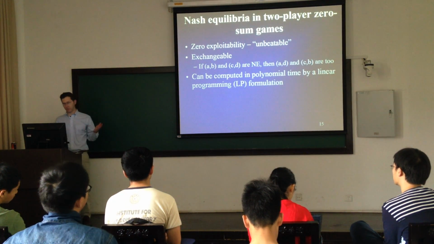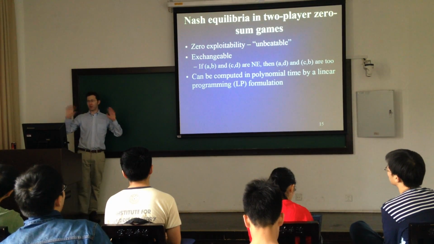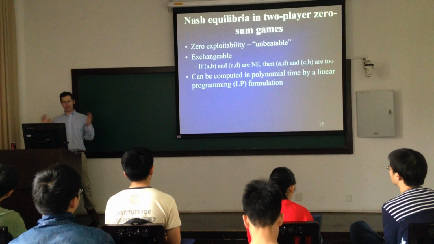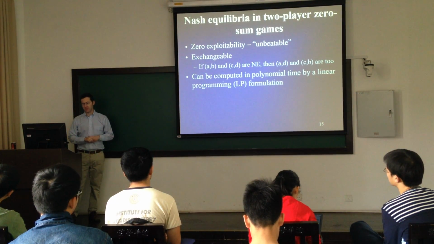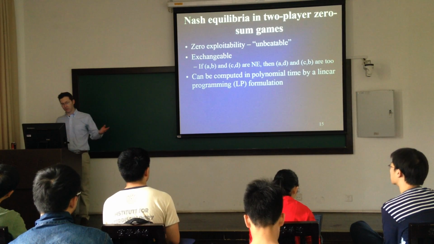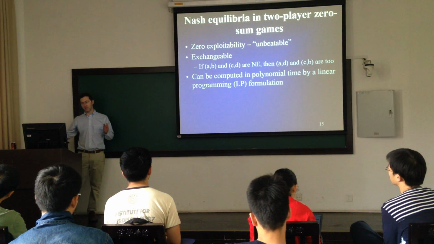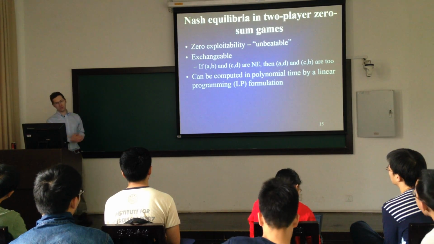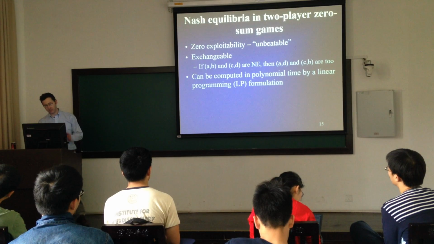And so this makes Nash equilibrium a pretty compelling goal to try to find, because we would guarantee being unbeatable if we were able to get one. Furthermore, it doesn't really matter if we find one Nash equilibrium and the opponent is playing another. There's this exchangeability property that if AB and CD are both equilibria, then AD and CB are also.